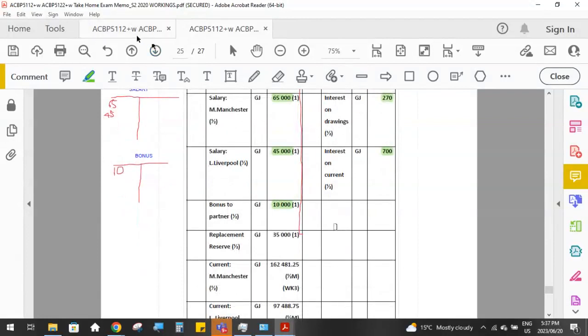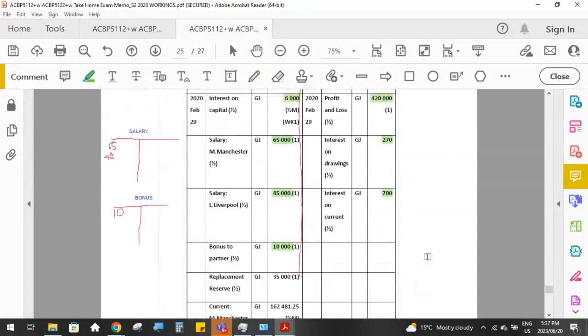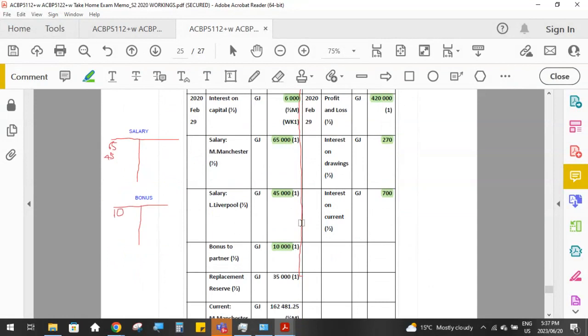Then the next thing they tell us to do here is of that profit, we must take 35,000 and transfer that to the replacement reserve. So remember here in our appropriations account, the profit is sitting on the credit side. So if we want to transfer some of the profit to the reserve, we must then debit the appropriations account and credit the replacement reserve account.